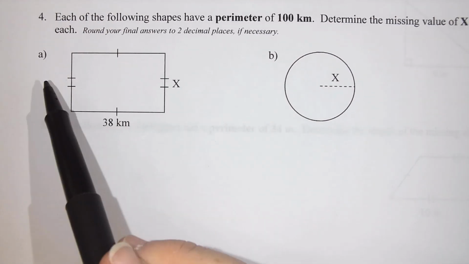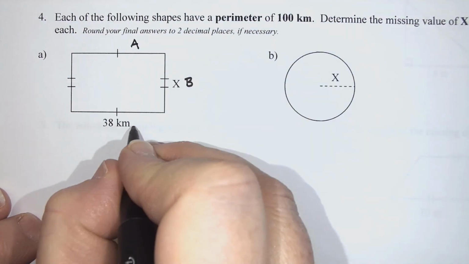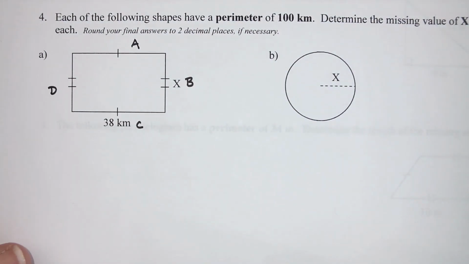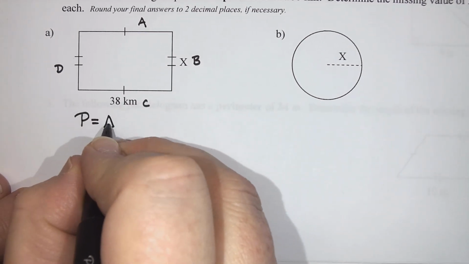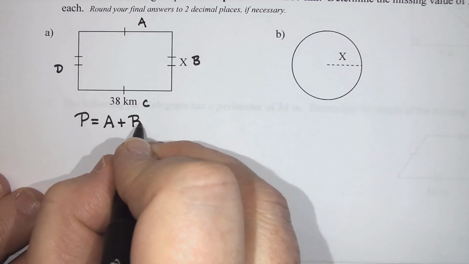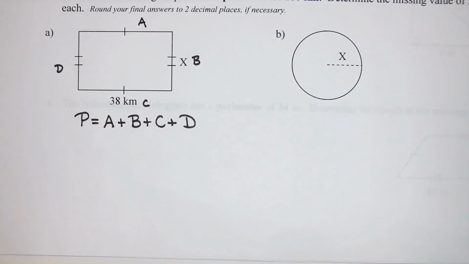1, 2, 3, 4. I am going to call them A, B, C, and D. So the perimeter of this is A plus B plus C plus D. There are other formulas you can use using the length and the width, but for today, I am just adding up all of the outside edges.